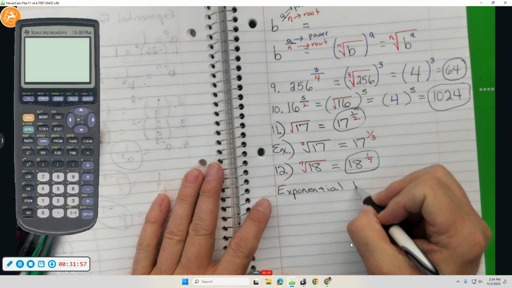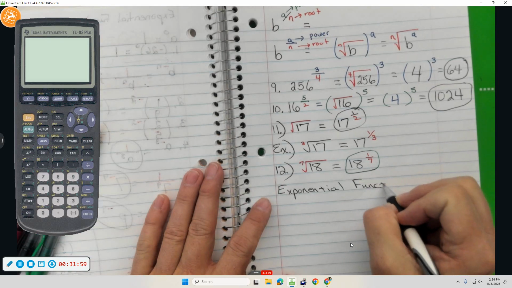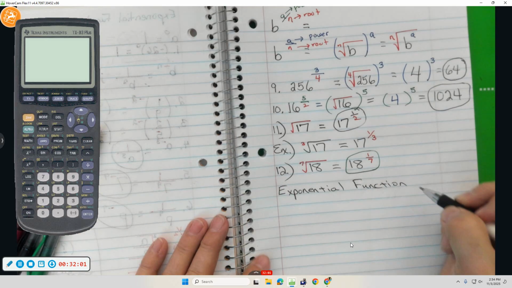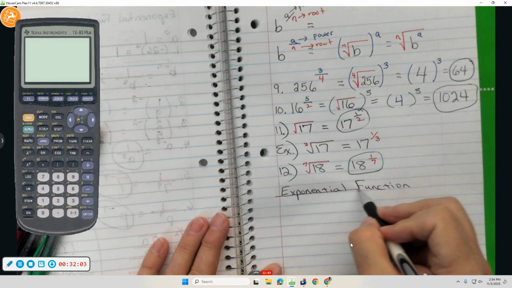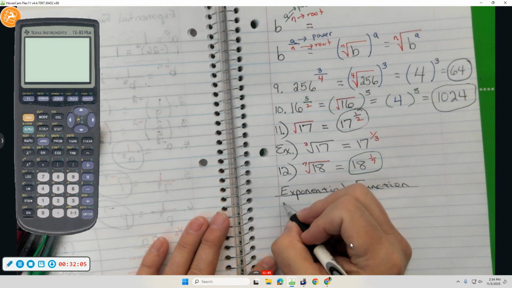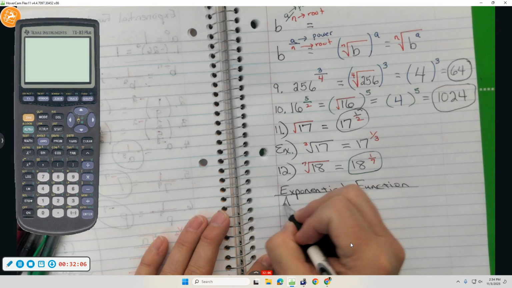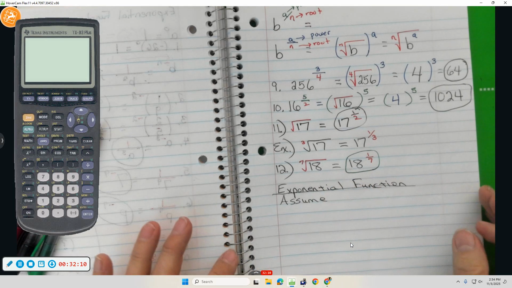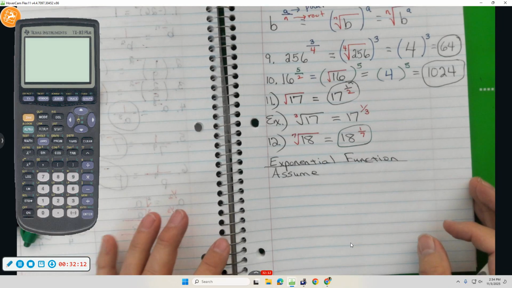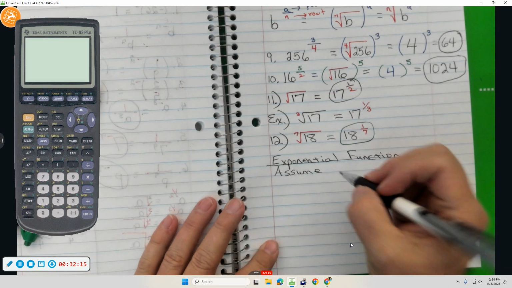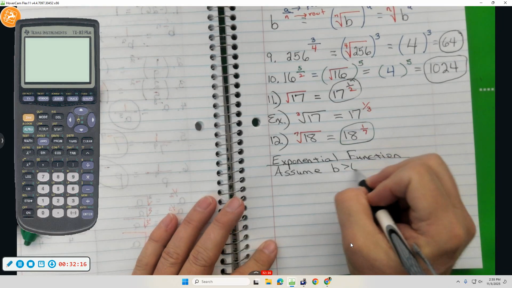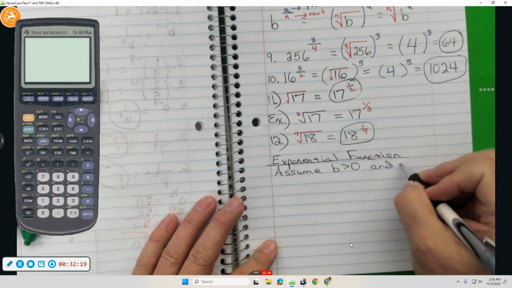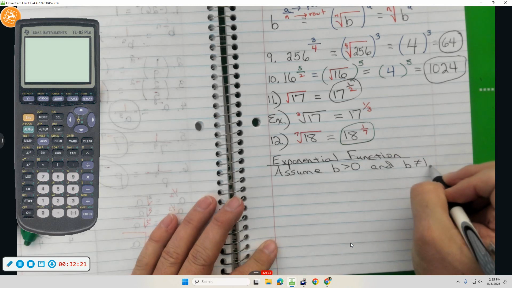An exponential function. I'm going to define that. When you see the letter B, from here on in, as we move through the rest of the semester, let's assume that the letter B is a positive number and it doesn't equal 1.